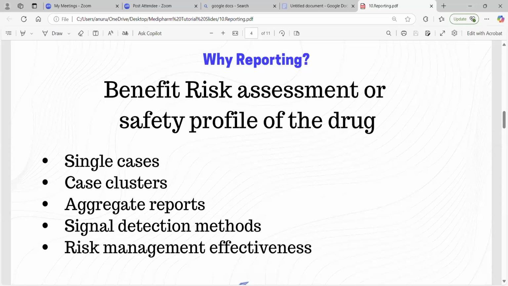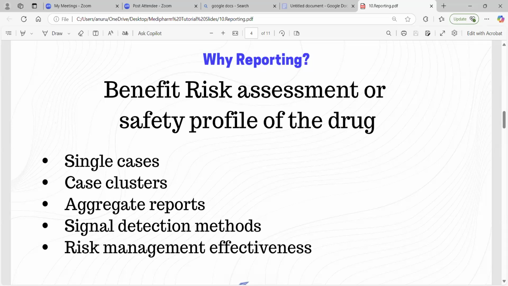Once that potential safety signal is identified, aggregate reporting allows for a more thorough evaluation of the data to determine if there is a causal relationship between the drug and the reported adverse event. The whole process involves comparing the observed number of events with the expected number based on the product's exposure to the patients.